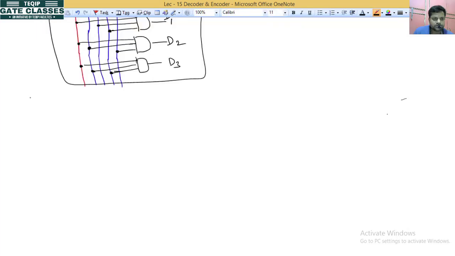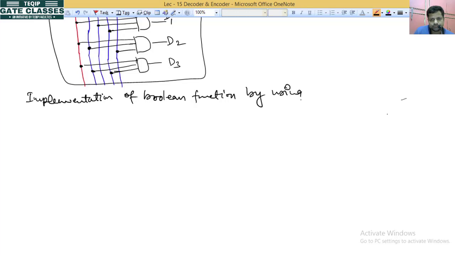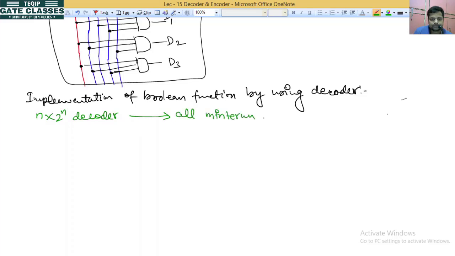Our next concept is implementation of Boolean function by using decoder. If we have an n cross 2 to the power n decoder, then it can generate all minterms of n variables.